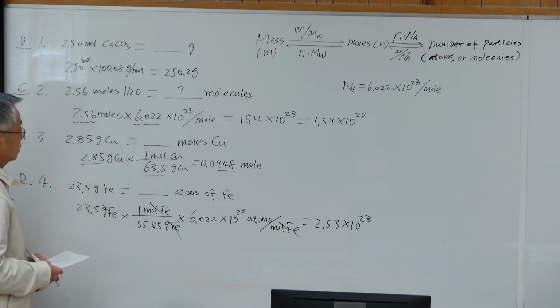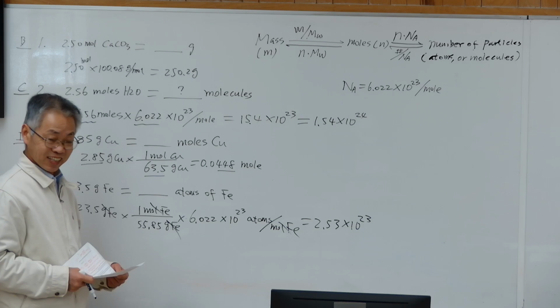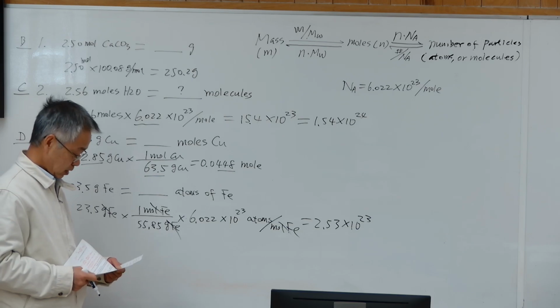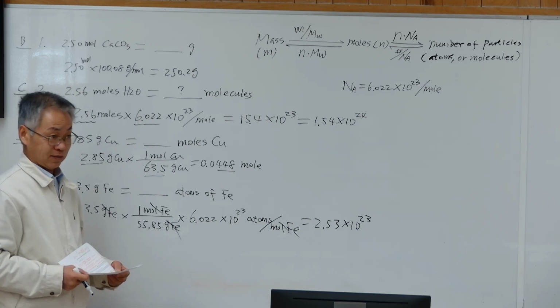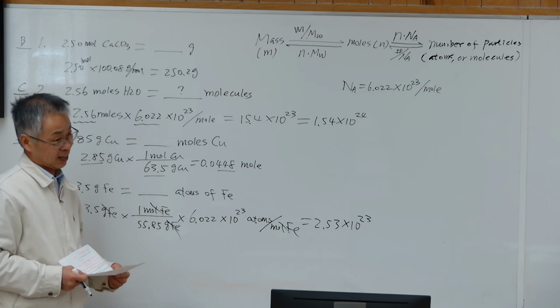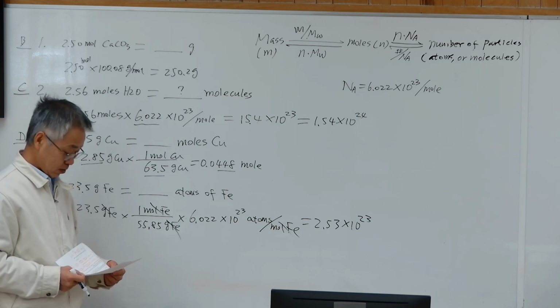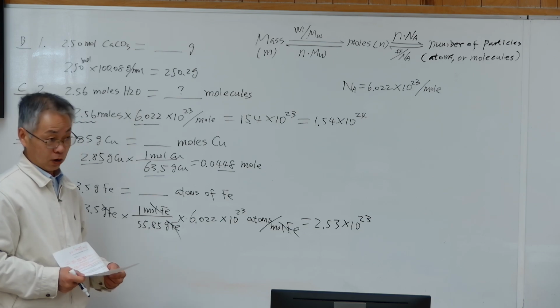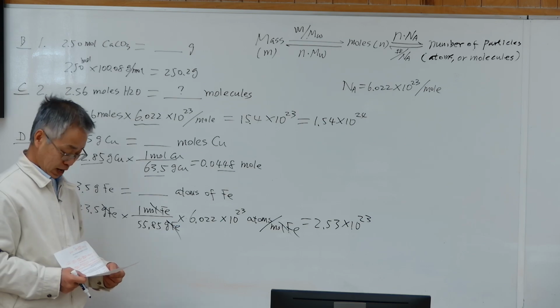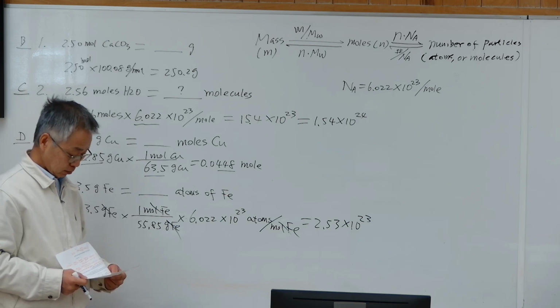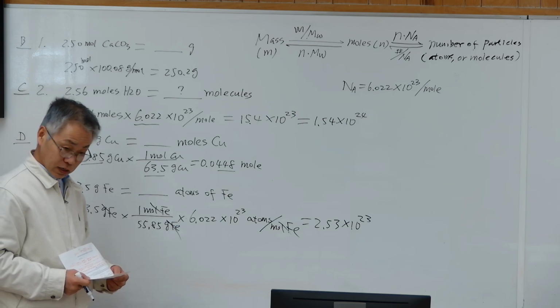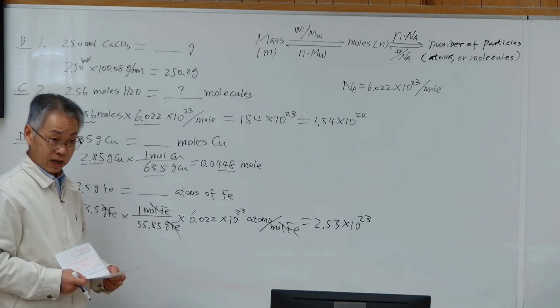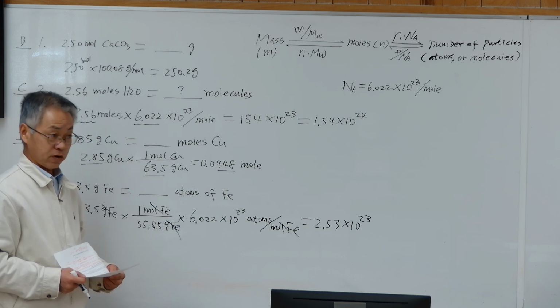So again, this time, if you're really smart, you don't need to calculate, because only one choice is an extremely large number. Whenever they ask how many molecules or how many atoms, the answer should be a very big number.